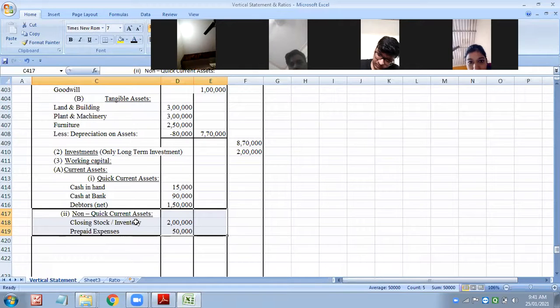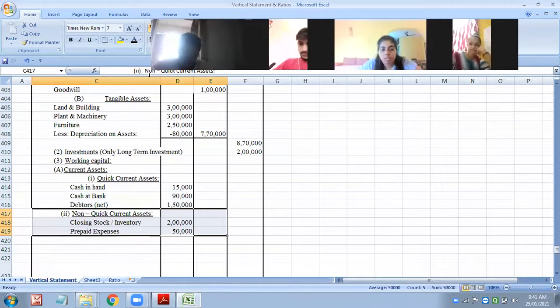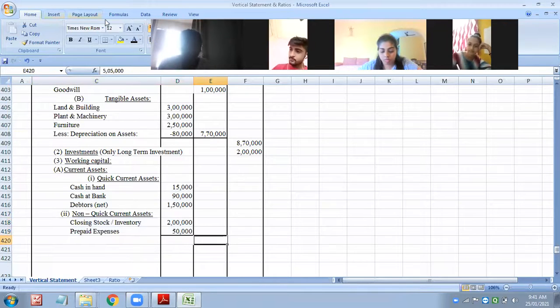And non-quick current asset, we had both. We had closing stock also and we had prepaid expenses also. So the total current asset we got as 5,05,000.